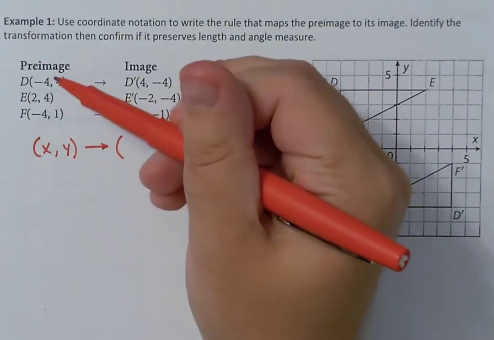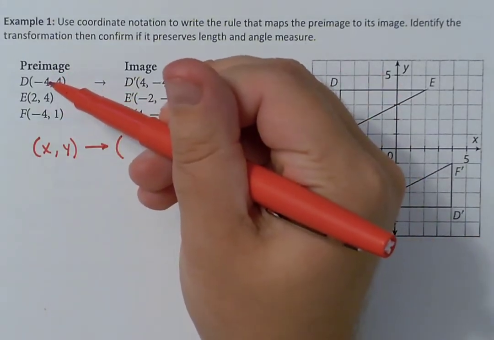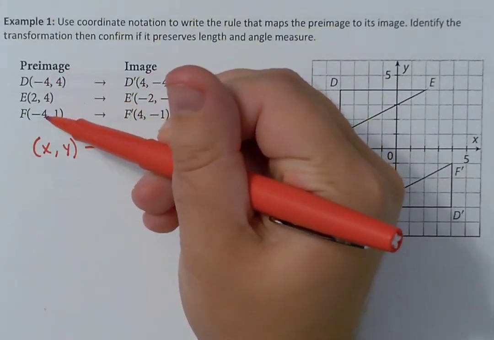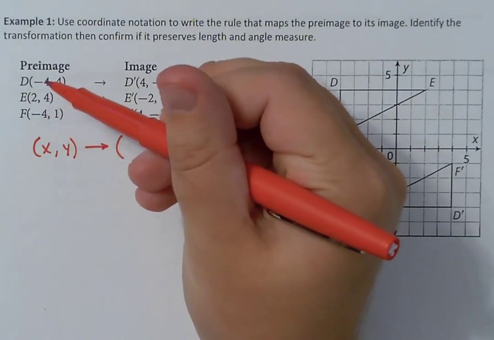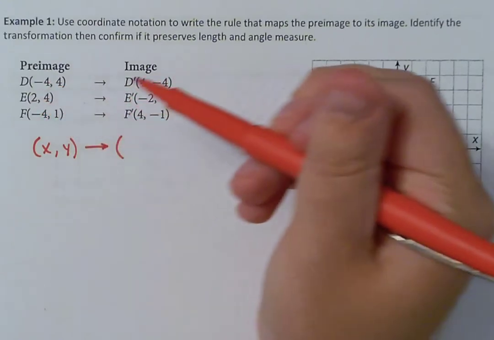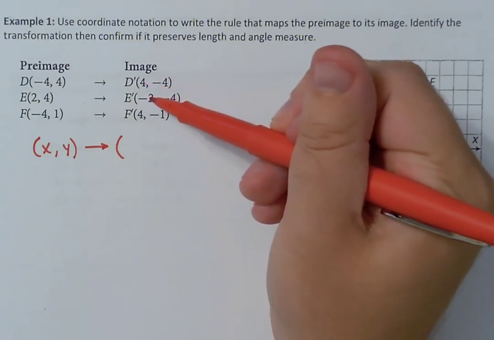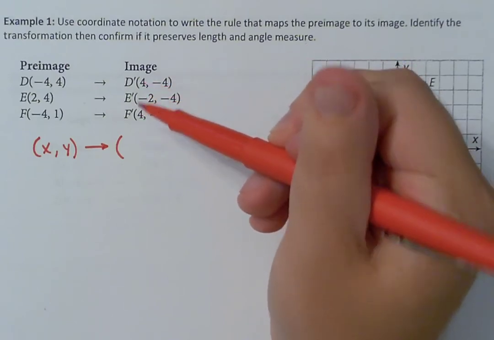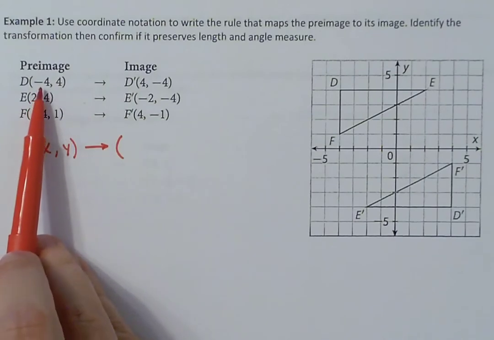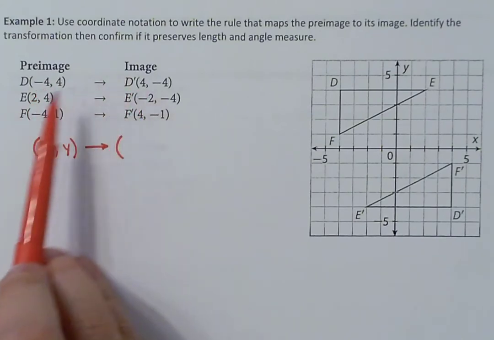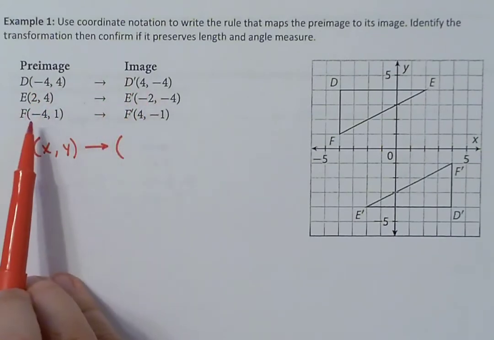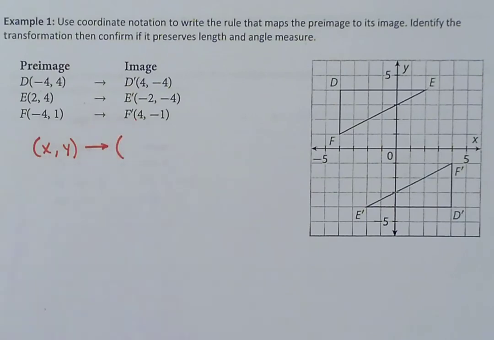For the x values, D is -4, E is 2, F is -4. The image for D prime is 4, E prime is -2, and F prime is 4. So how do we get from -4 to 4, 2 to -2, and -4 to 4?